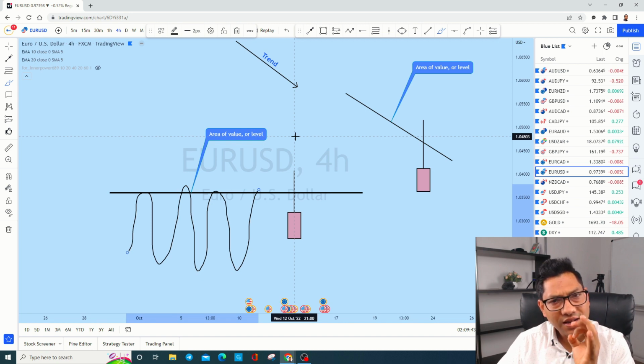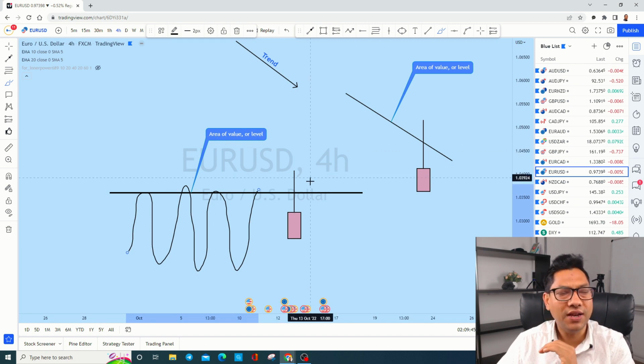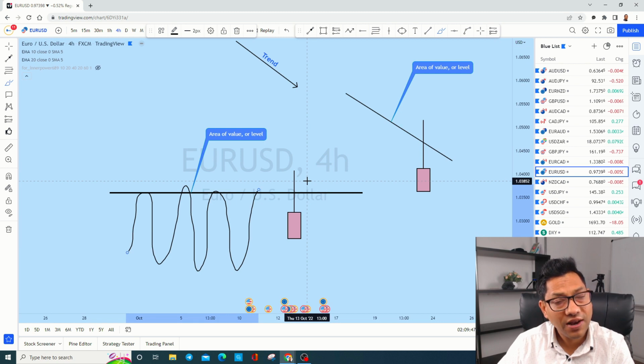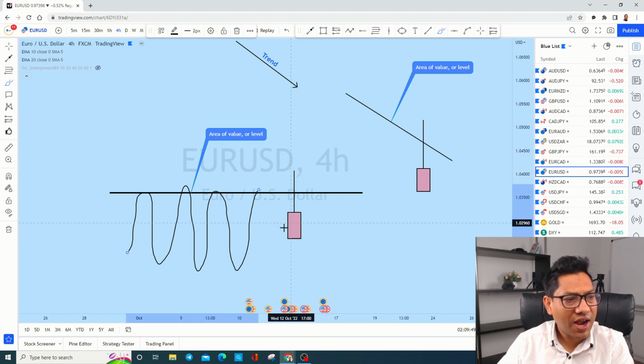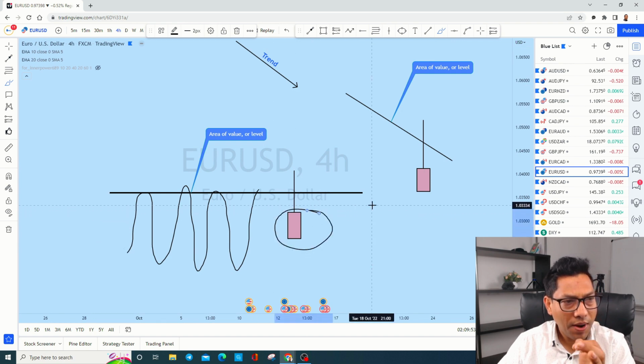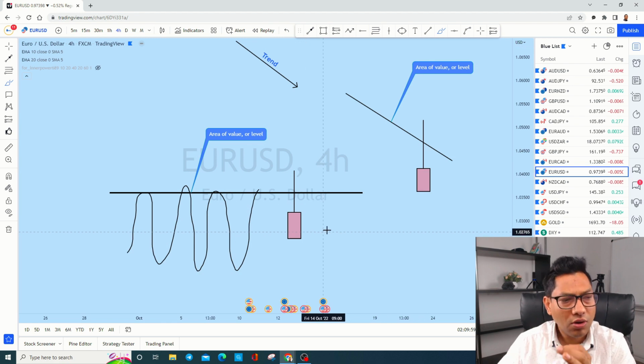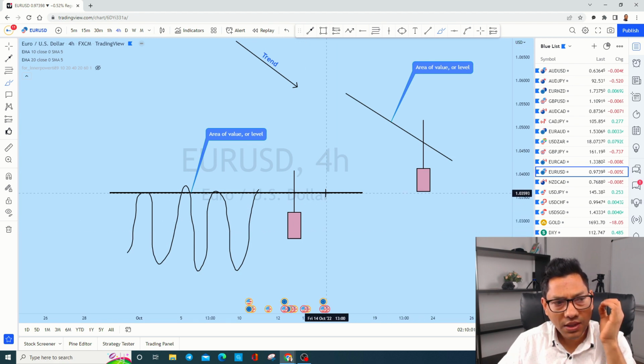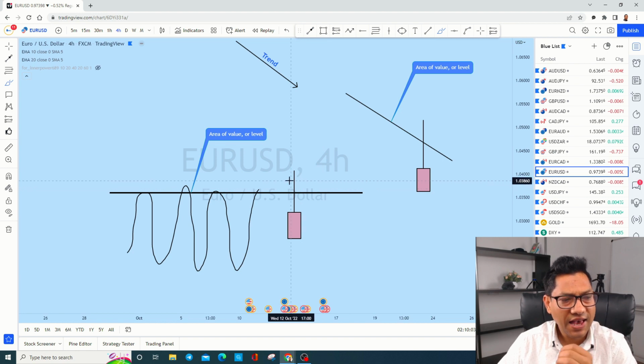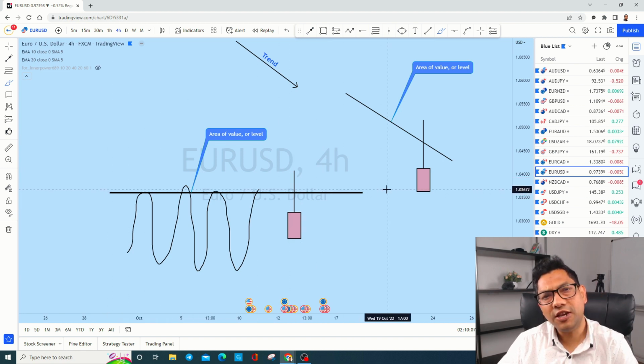One clear candle that has violated that resistance level or support level. Now, keep in mind, it doesn't matter the color of the candle, whether it's black, green, a bullish candle, bearish candle, pin bar, doesn't matter. The only thing that matters is that this candle has to violate this level completely.